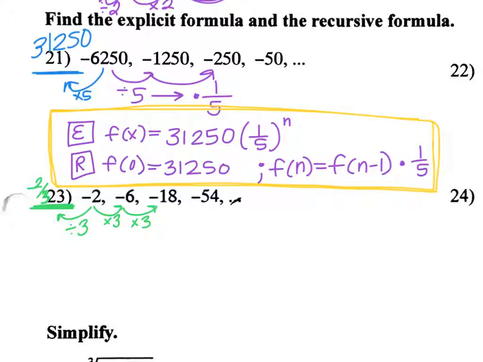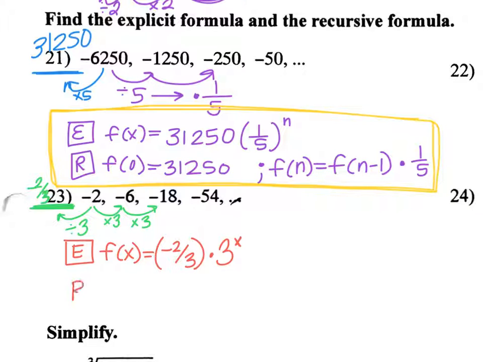I've got my explicit equation, which puts everything in 1. F of x equals my starting point, negative 2/3. Probably good to put that in parentheses since it's a fraction. And then my pattern going forward is times 3 to the x. I should put x just to keep the same format.